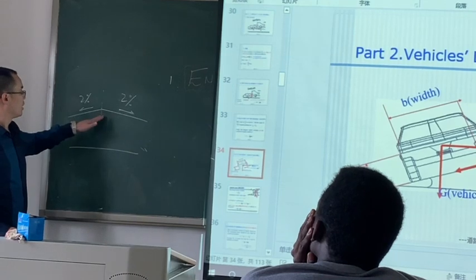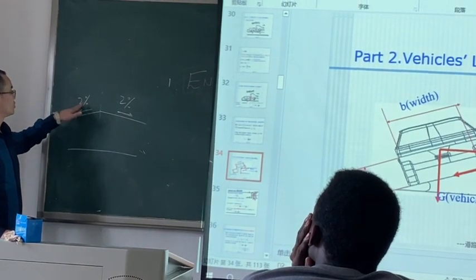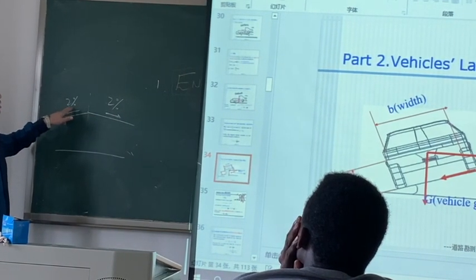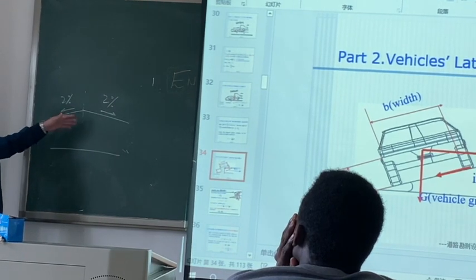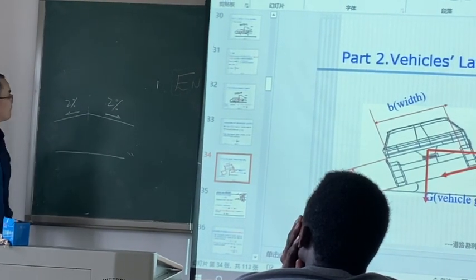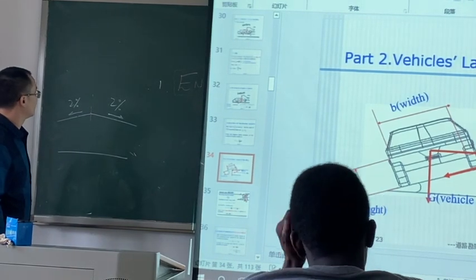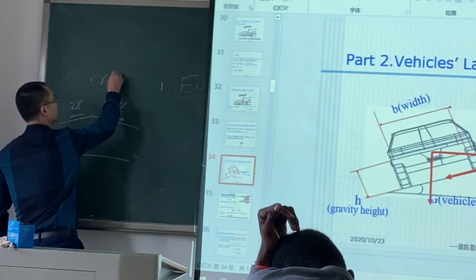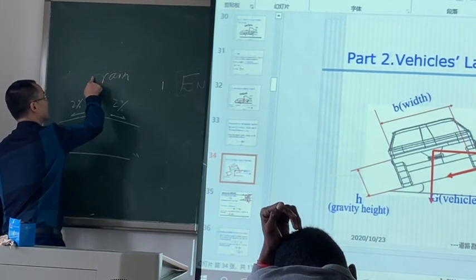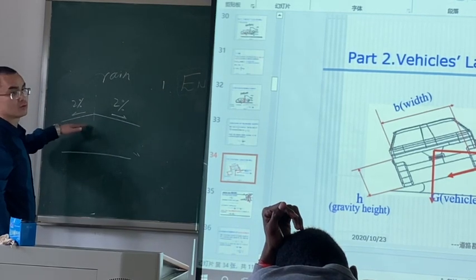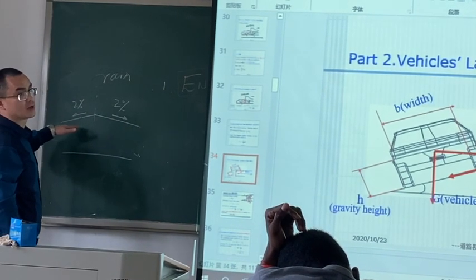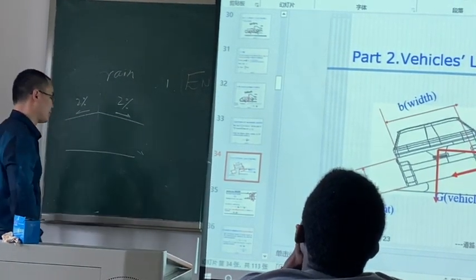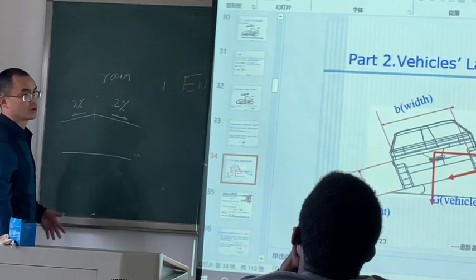So generally the two-way slope is so that the rain will flow rapidly to both sides. So it's safe.